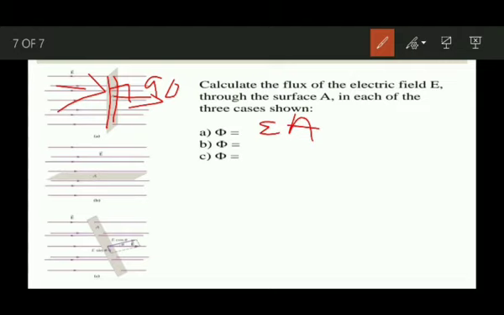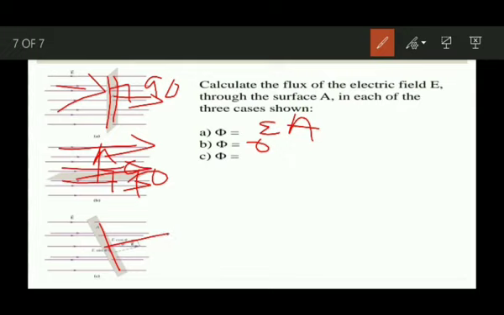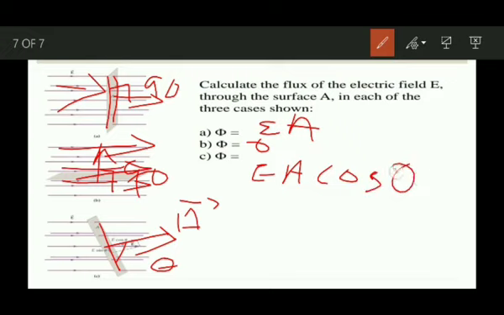And here you can see that the electric field is parallel to the area, so the area vector is perpendicular to the electric field, at 90 degrees. So here the electric flux is 0. And here you can see that it is tilted. This is the perpendicular normal, and this is the area vector. The angle between the electric field and the area vector is theta. So here the electric flux is EA cos theta. Thank you.